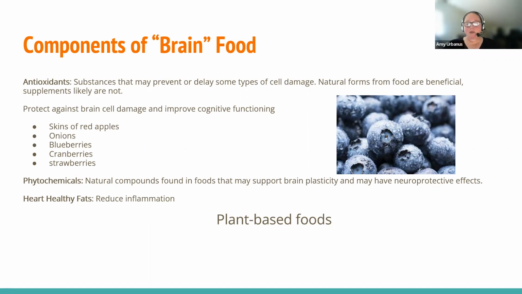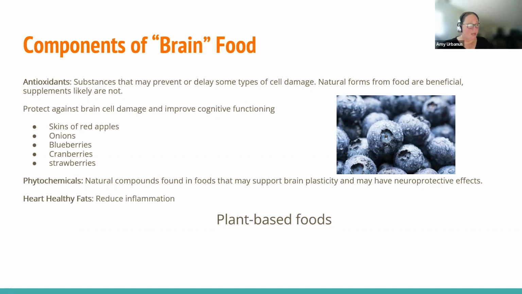So to protect against brain cell damage and improve cognitive functioning, the antioxidants, these are just some examples we can find in the skins of our red apples, onions, blueberries, cranberries, strawberries. Notice berries is a common thread, are places where we can get a lot of antioxidants.